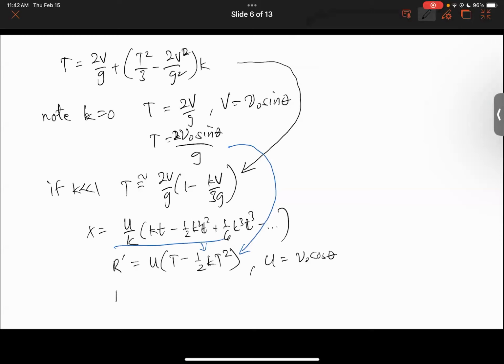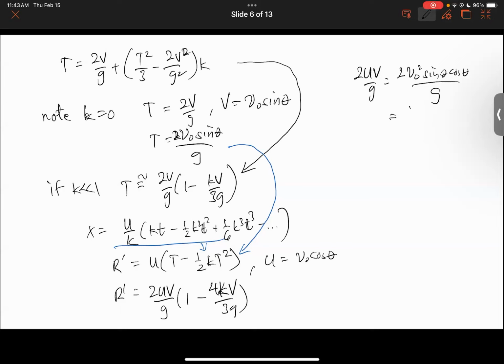So r prime is now equal to 2uv over g times 1 minus 4kv over 3g. Now, 2uv over g is just 2 v naught squared sine theta cosine theta over g.